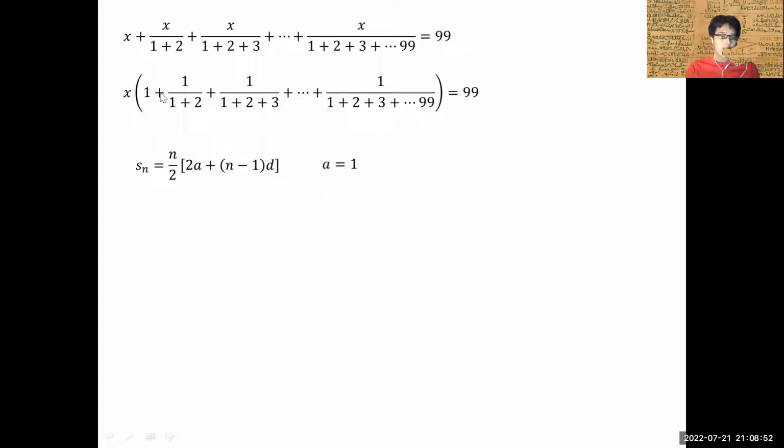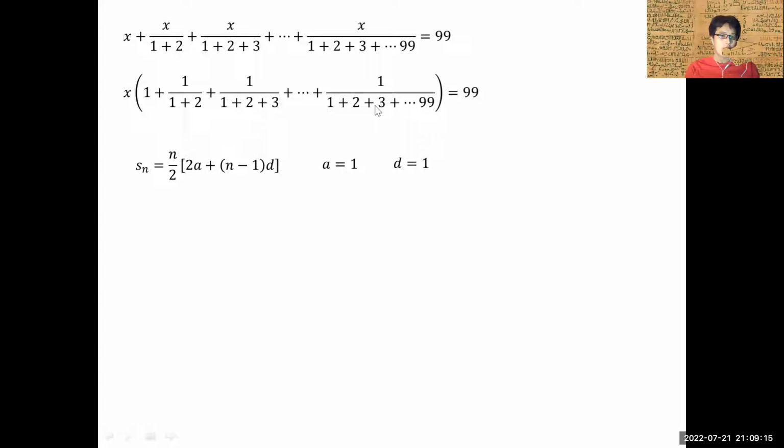If we look at the series inside, the very first term is 1 over 1, so the first term will be 1. So A in this case is 1. And of course, the common difference in all these arithmetical series is also 1.